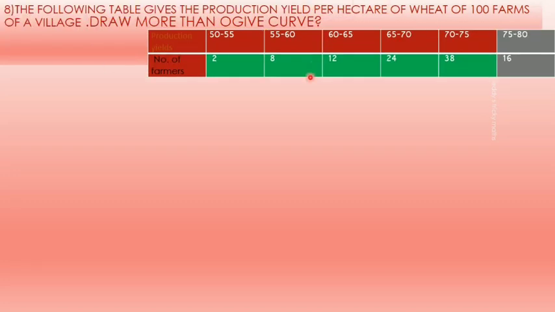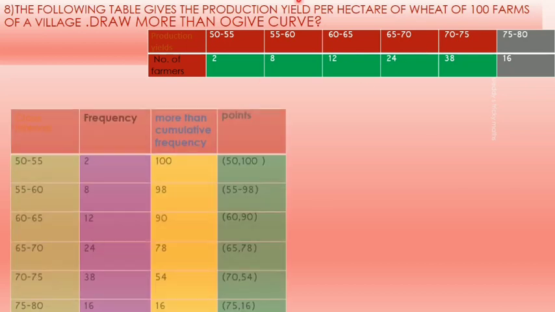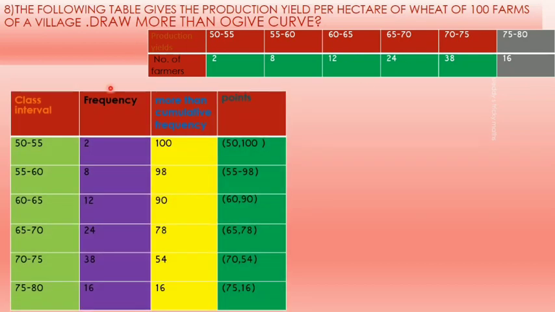Listen carefully. The table is also given, with class interval and frequency: 50 to 55, 2 members; 55 to 60, 8 members; 60 to 65, 12 members, like this. I have written class interval and frequency, and since it is more than type, the more than cumulative frequency, and we have to write points also in the table.